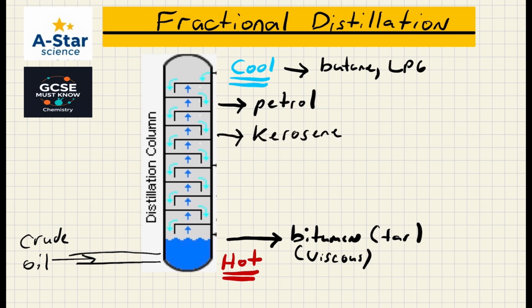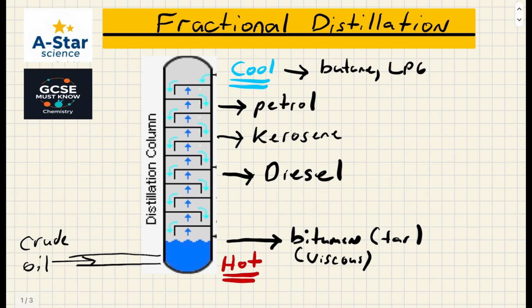Kerosene can be used as airplane fuel, contains a lot of energy, but it is a longer chain than petrol. And finally, in between, even the diesel fuel that our cars run on comes from this process as well. And we know that diesel is much thicker than petrol, and that's why you'll see it underneath petrol on the fractional distillation column.